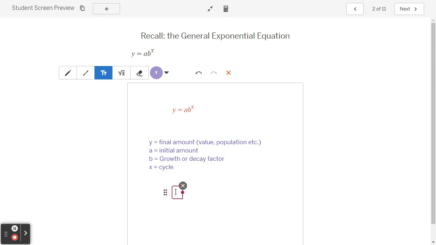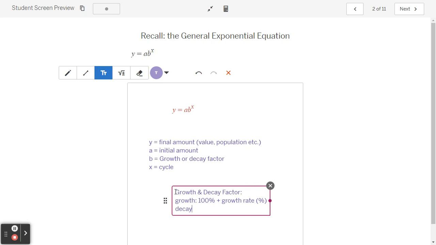Now, just a side note about growth and decay. We need to always consider it as a percentage, and we're going to be taking 100% plus our growth rate, and decay would be 100% minus our decay rate.